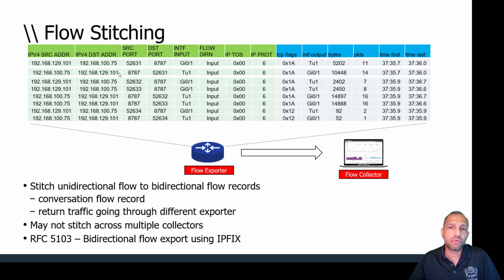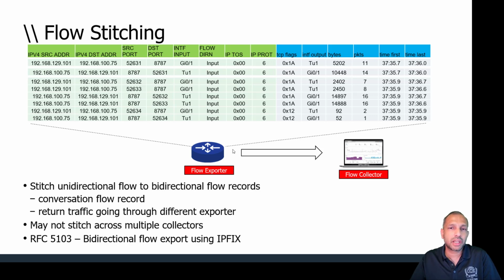So if you want to understand this as a bidirectional conversation, your collector needs to do stitching. So this is called flow stitching, where you use these unidirectional flows and convert them into bidirectional communication.